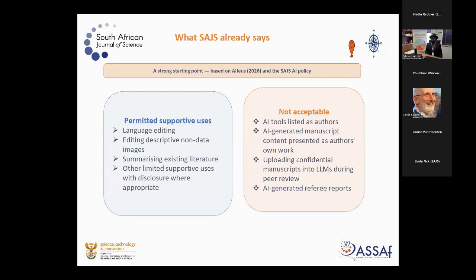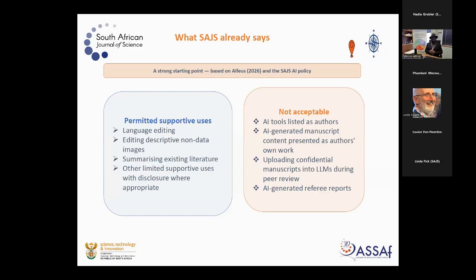That means you are editing an image that doesn't have data. Also summarizing existing literature and literature reviews is acceptable. And also limited support use, but of course you must have a disclosure of how you have used the AI in your research.